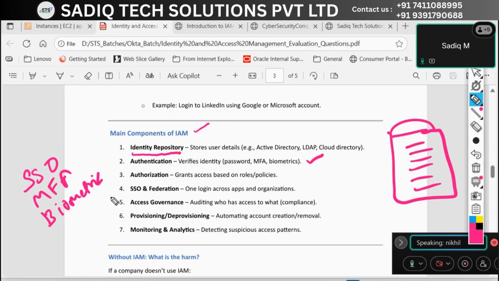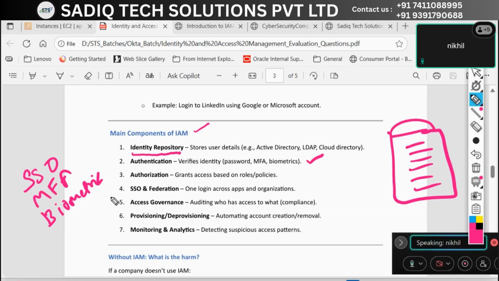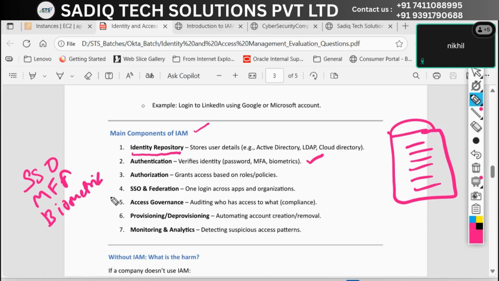Sir, in authentication, there are certain applications where we still use independent passwords, no, sir. It's not like we need to use only single sign-on, because certain third-party applications, where we are getting the license of that particular application from a different organization, for those we can't use SSO, no, sir.